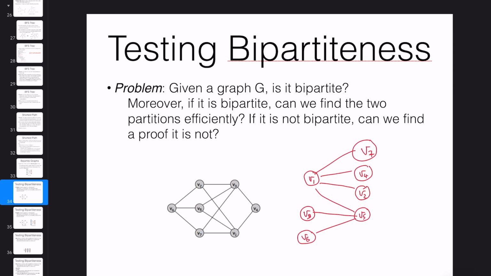Right, so from V3, I have a connection to V2, V5, and V7. This doesn't look good. Let me just rewrite it. And V4.